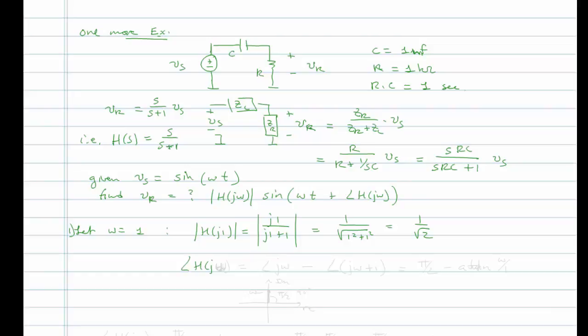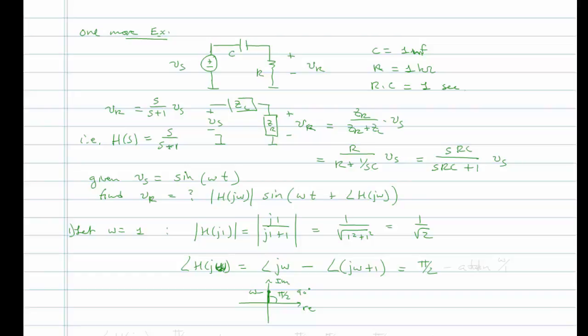The angle of H of j omega is going to be the angle of j omega, that's the numerator, minus the angle of j omega plus 1. Well, the angle of j omega is a line that lies on the vertical axis. This is real, this is imaginary, and this is omega. So the angle of that is pi over 2, or 90 degrees.